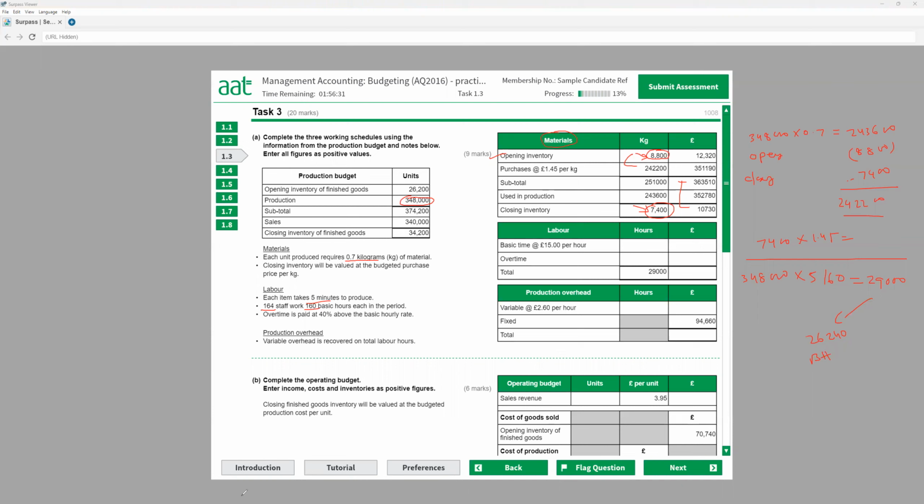So the overtime will be 29,000 minus 26,240, and that gives me 2,760. So it's the overtime.